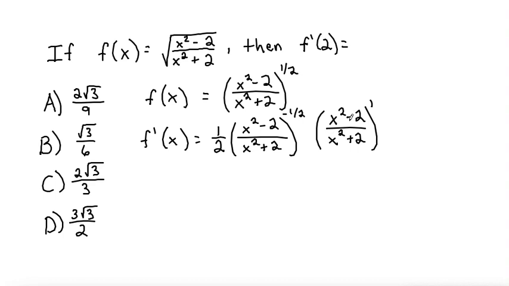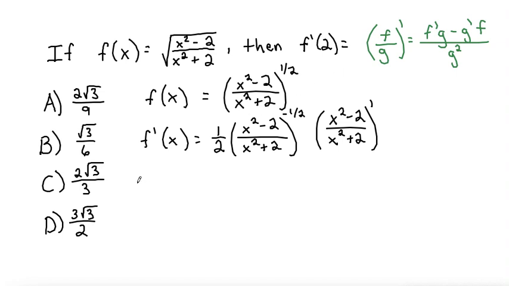This is a quotient rule. So I'm going to write my quotient rule: if we have the derivative of a quotient, that is the derivative of the top times the bottom minus the derivative of the bottom times the top, all over the bottom squared.